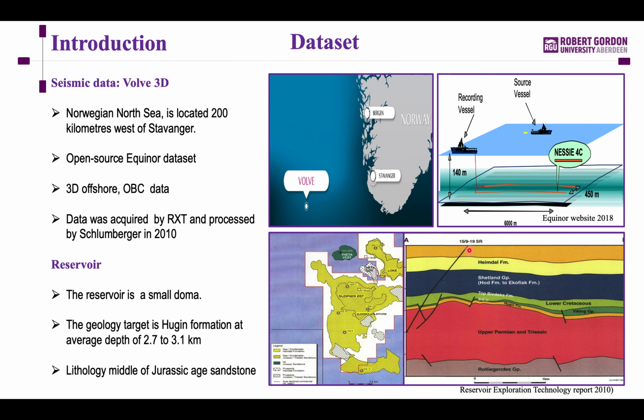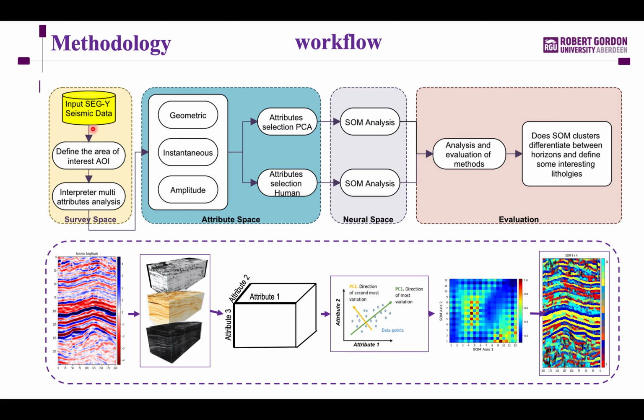This brings us to our methodology workflow to solve these problems: reading the data, making some analysis on this data and highlighting the interesting area of study, and after that calculating multiple attributes, the most used attributes for interpretations like geometry, instantaneous and amplitude.